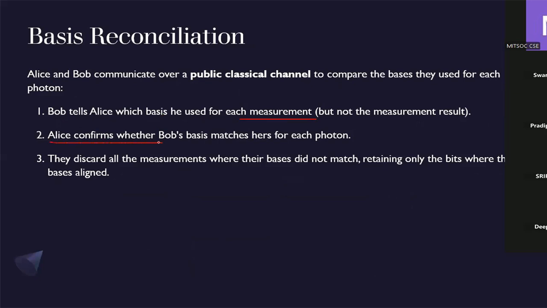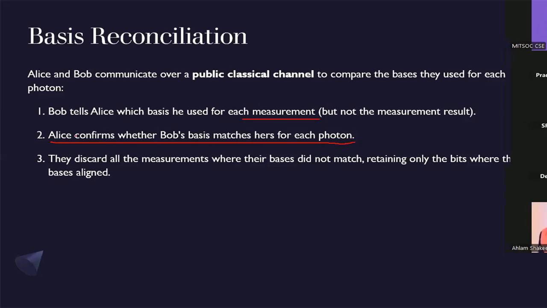And Alice confirms whether Bob's basis matches hers for each photon or not. Right? Now, in these steps, Bob tells Alice which basis he used for the measurement. But most importantly, he does not have to share the measurement results.